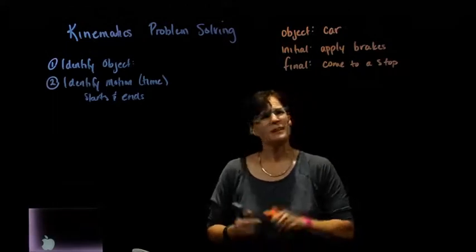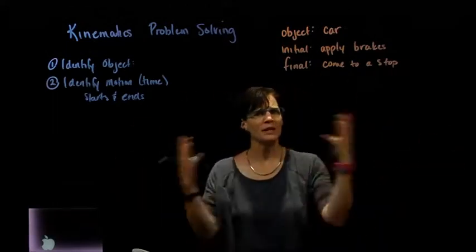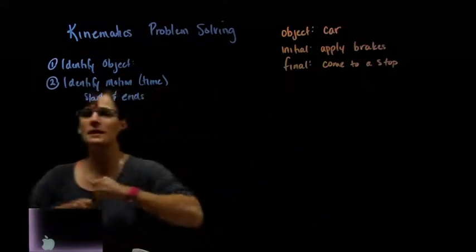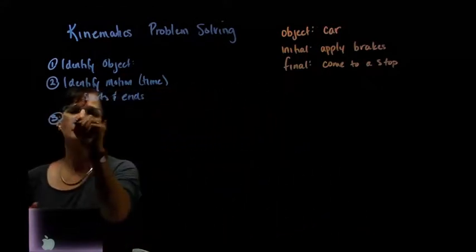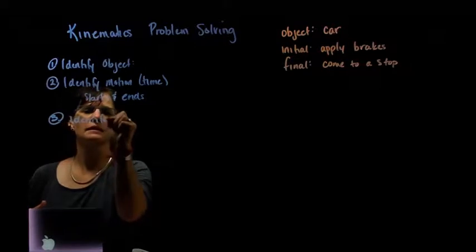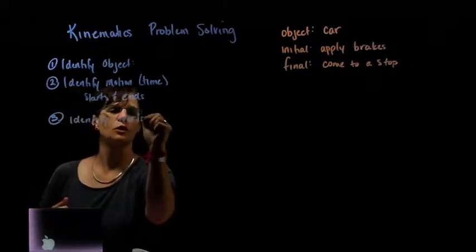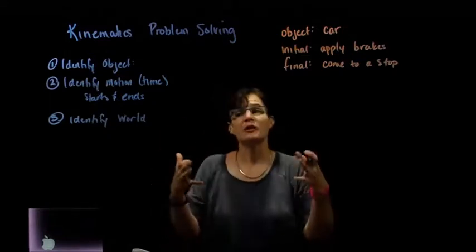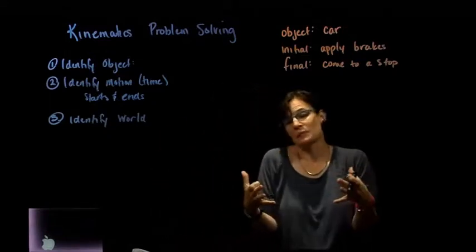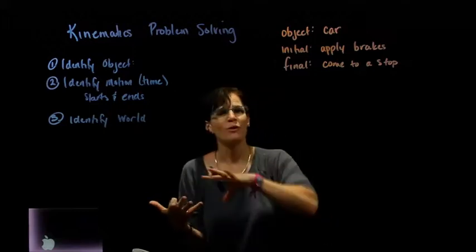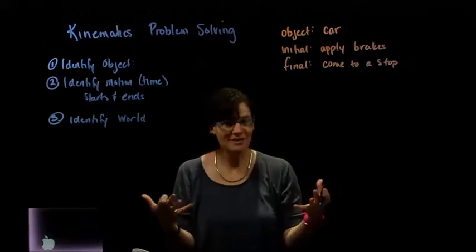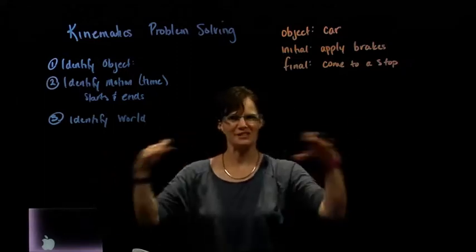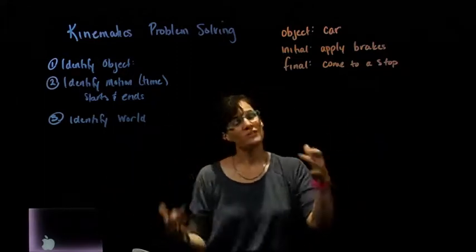All right, then we have to sort of identify the world. What is our world that we're interested in? So step three is identify the world. Now what we mean by that is we're going to define the space. In order for us to define the space, we have to know if we're working in one dimension or if we're in projectile motion in 2 dimensions, and if that space is in a coordinate system that we're used to, like that Cartesian, horizontal, earth horizontal, or if it's tilted.